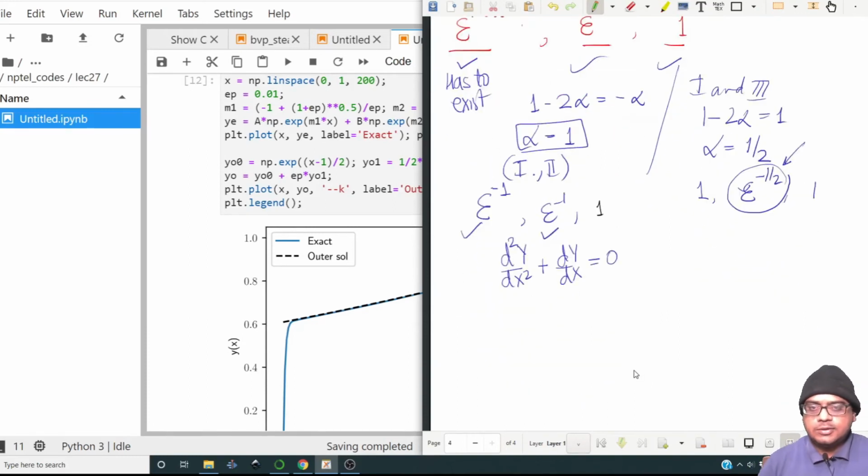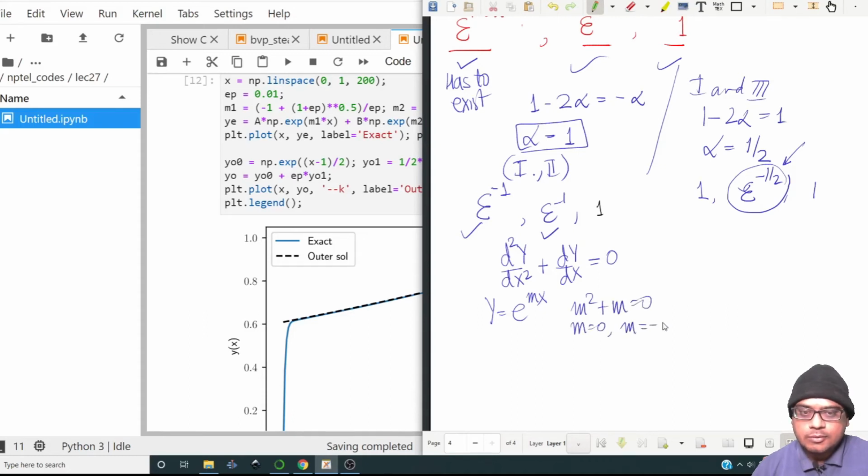And so this equation can also be solved by assuming that capital Y is of the form e to the power mX, right? And this gives us m square plus m equal to 0, which implies m equal to 0 and m equal to minus 1. Therefore, the solution will be Y equal to A plus B e to the power minus capital X.